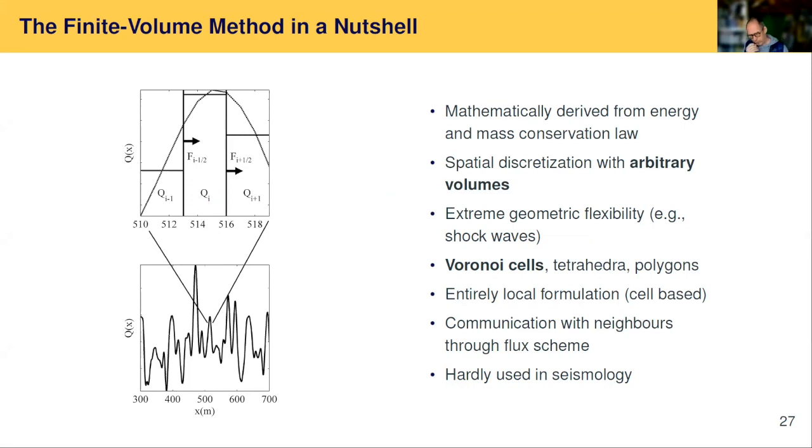Let me say it in a nutshell. Here is our snapshot, and I call this Q. This is a property Q that can be displacement, that can be anything, can be pressure. And now the difference is that we have volumes instead of elements. The reason why it's called volume is that they can actually have arbitrary shape. That's a cool thing.